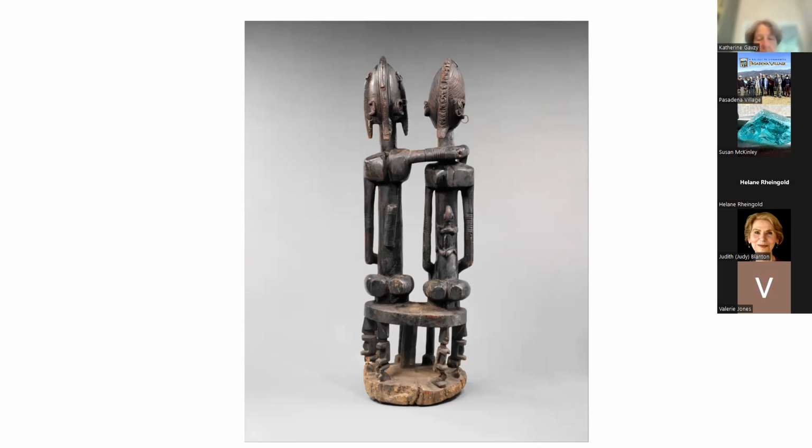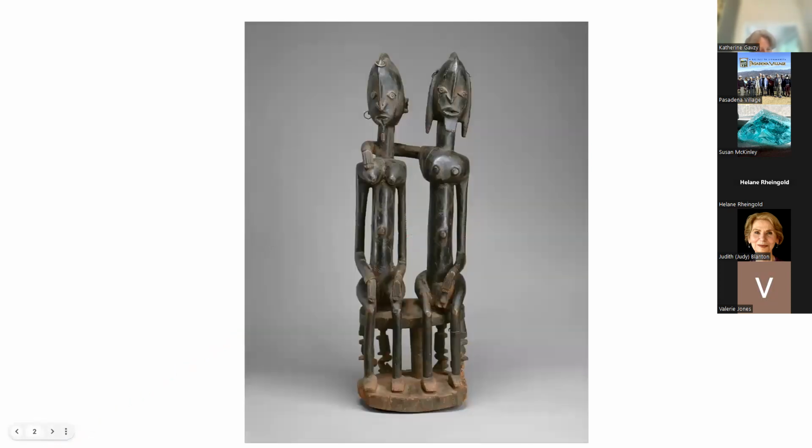No. So each job is dependent on what? Cooperation. Exactly. And one job is not any more important than the other, is it? No. That's exactly what this is saying to us. Even the faces look alike.